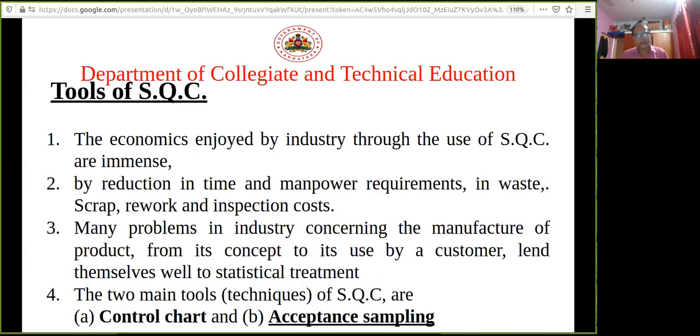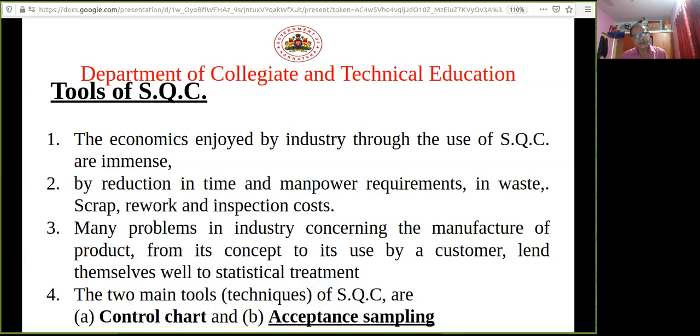So many problems in the industries concerning the manufacture of the product, from the concept to its use by the consumers, lend themselves well to statistical tools.